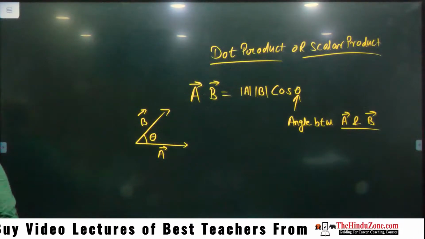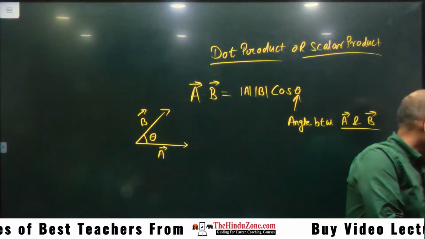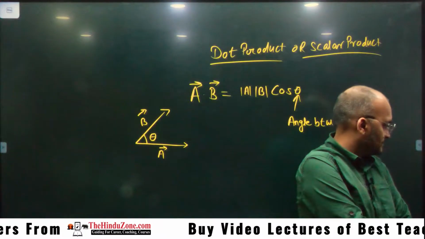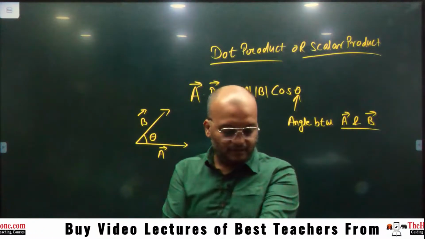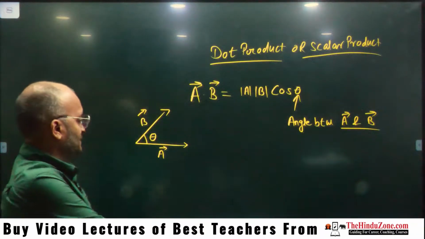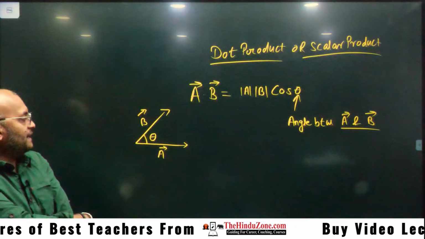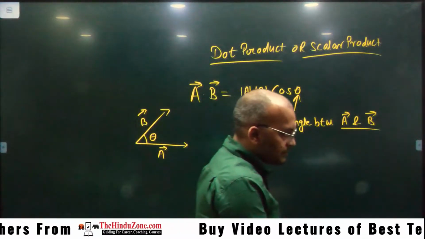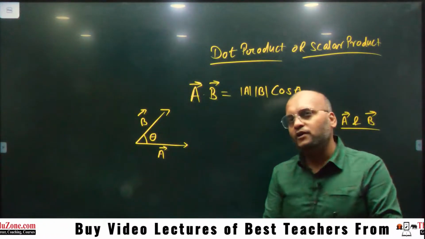Meaning of dot product. Come on. It means projection of vector A. Sum of products of their components. No, sum of products, no.